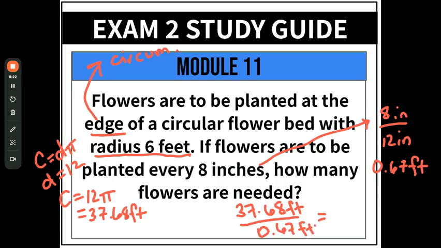And when I divide this, I get 56.5197. Now, we do get quite a lengthy decimal here, but since our answer units is going to be number of flowers, we can round because we want a whole flower. So this is going to be 57 flowers.